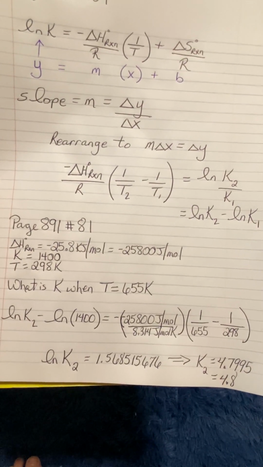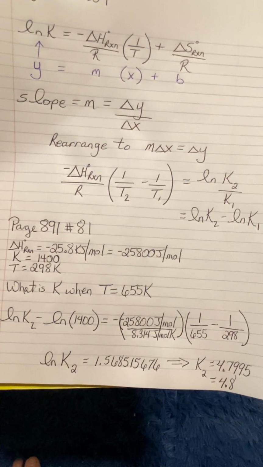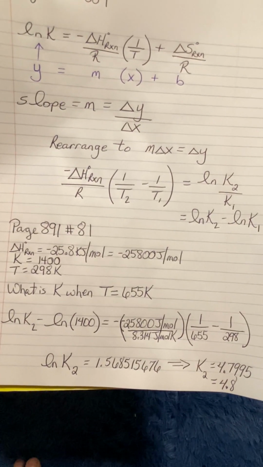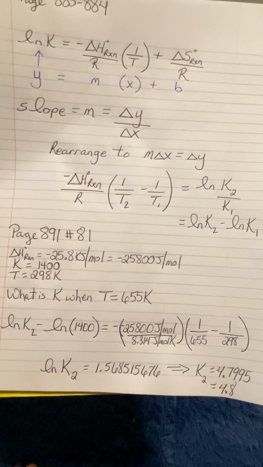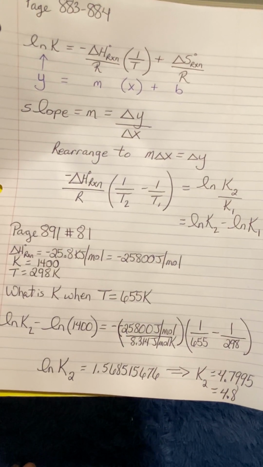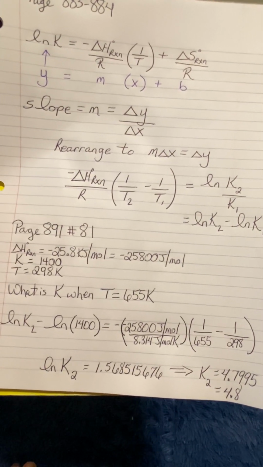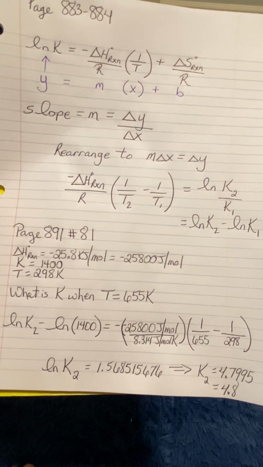Rearrange that so that Δy equals mΔx. Then bring those values down from the y equals mx plus b and substitute. And remember that delta means change, so that's x2 minus x1 and y2 minus y1.